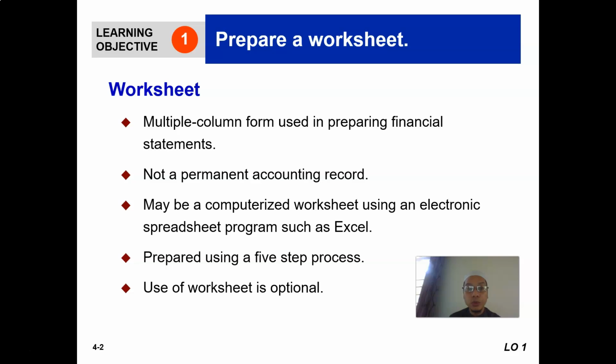Accountants may use computerized worksheets, such as programs like Excel or Google Sheets. Using a worksheet involves 5 steps, and it is optional. Accountants do not need to use a worksheet. It's just an aid to help them in drafting the financial reports.